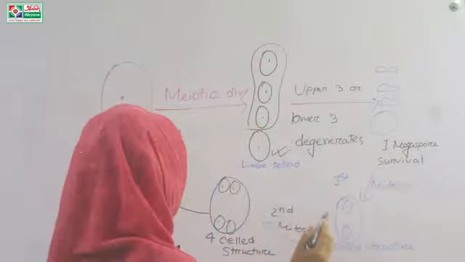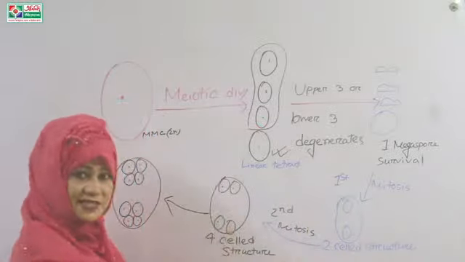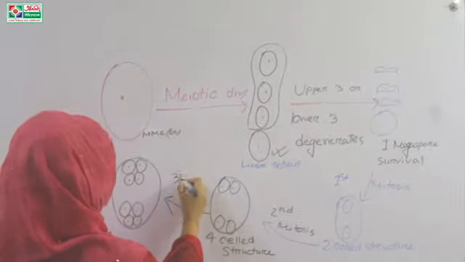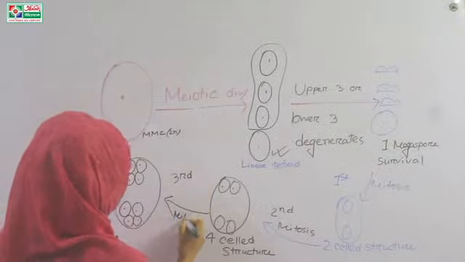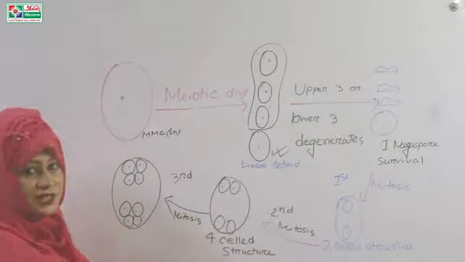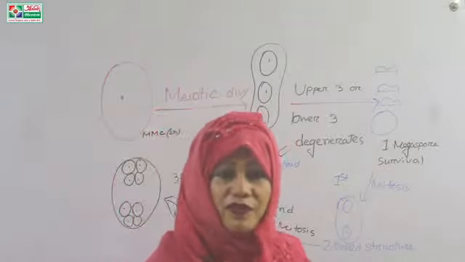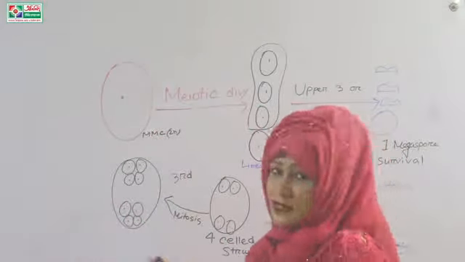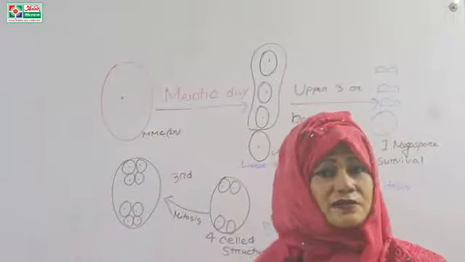After that, second mitosis gives a 4 cell structure. After that, third mitosis gives an 8 cell structure. Now we will talk about the arrangement of this structure.